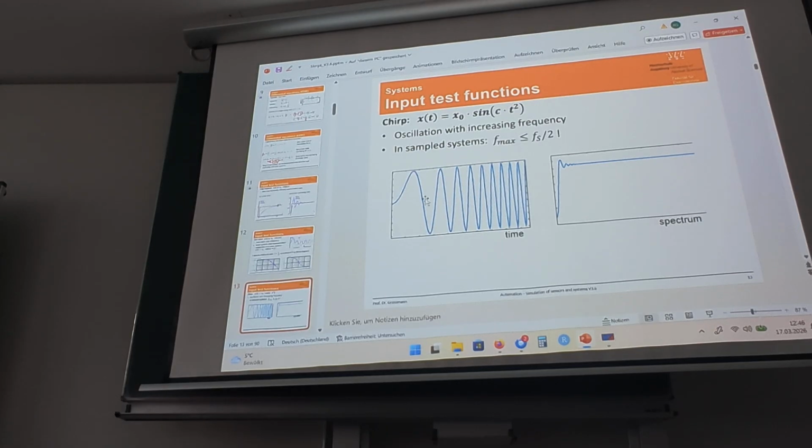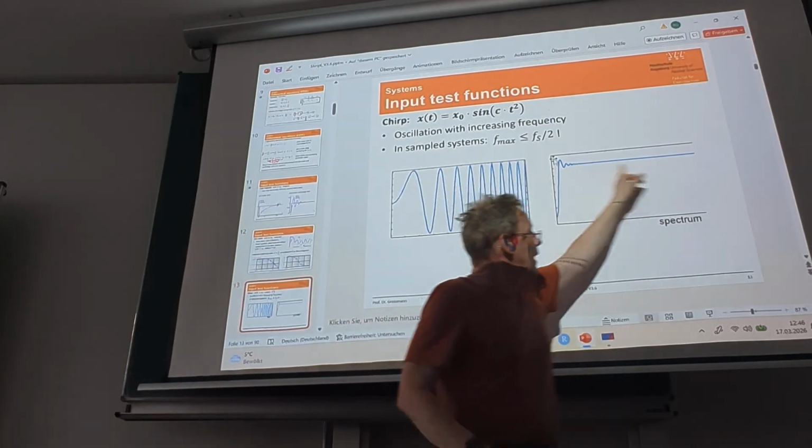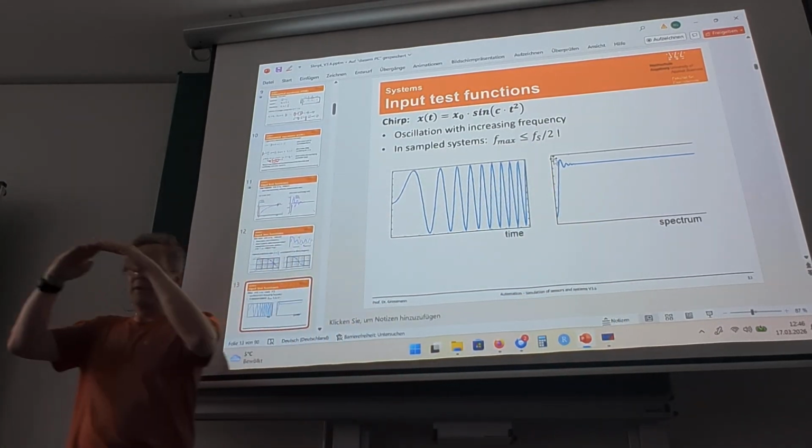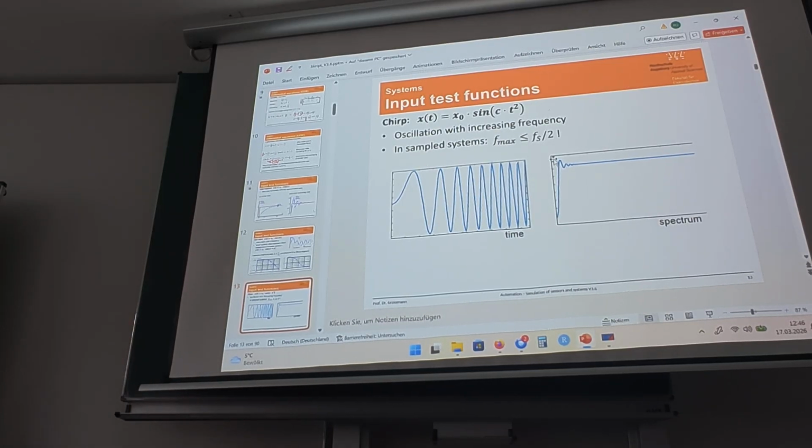By using this signal, which is a changing oscillation, a so-called chirp, you can decompose it into different frequencies, and nearly all frequencies from nearly zero up to a certain maximum are covered with the same intensity. So you can excite all frequencies at once with this signal, and then you can also watch the sum of all responses to this input signal at once. This makes the measurement much faster. I think this is the actual method that the device is using, but that is just as side information.